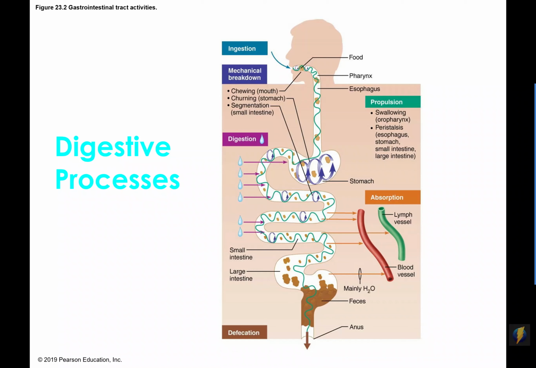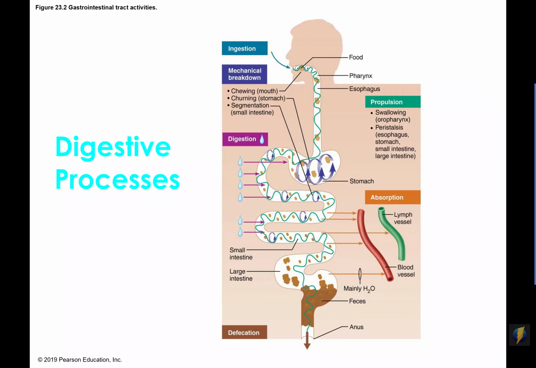And then, of course, moving through the GI tract are propulsive forces. And there are several different types of propulsion type activities. Swallowing is a propulsion activity. Peristalsis, which I'm going to show you a video of, is a propulsion activity.